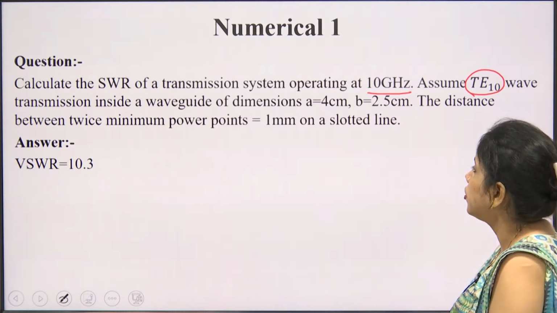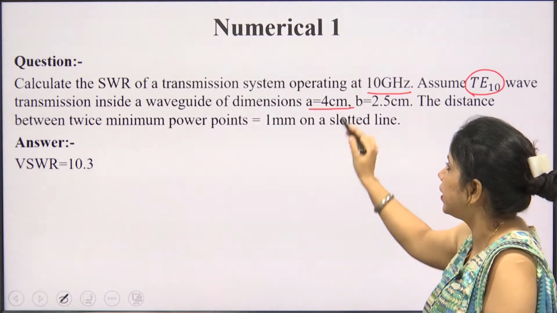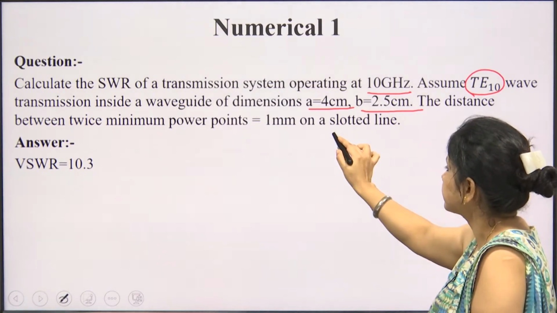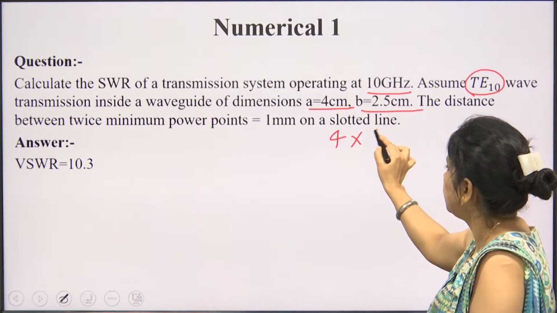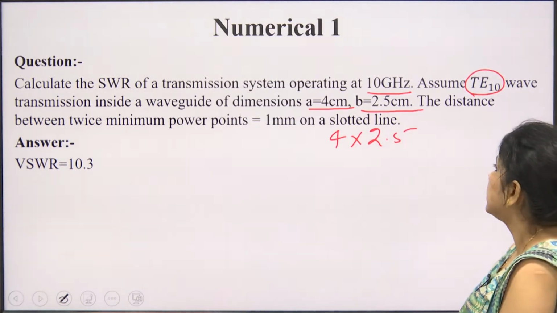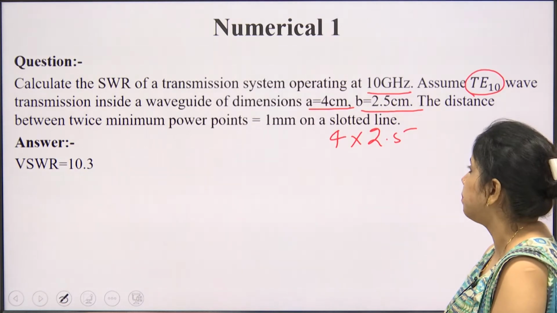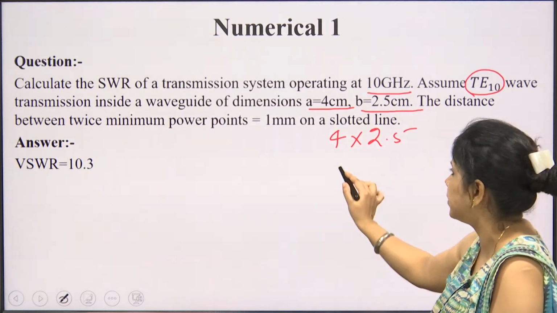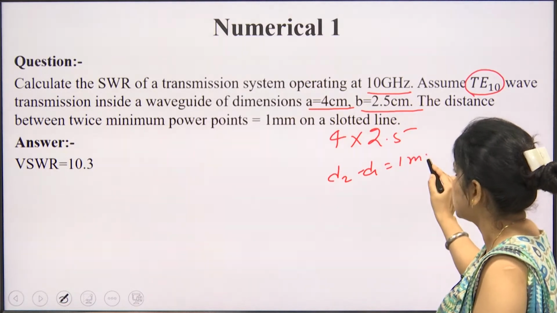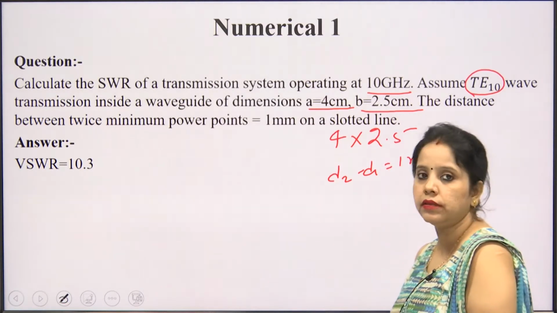Transmission is inside a waveguide of dimension 4 centimeter cross 2.5 centimeter, which is the dimension of the waveguide we are using. The distance between the two minimum power points, that is D2 minus D1, is given and is equal to 1 mm on a slotted line, and you have to calculate the VSWR.